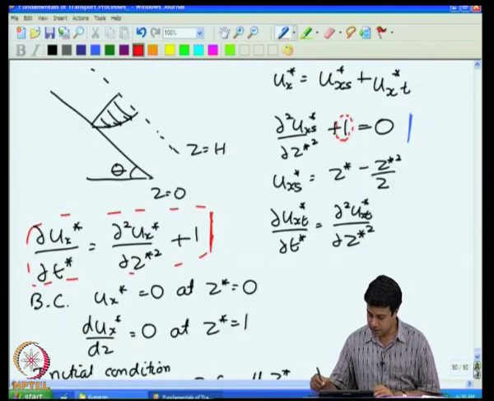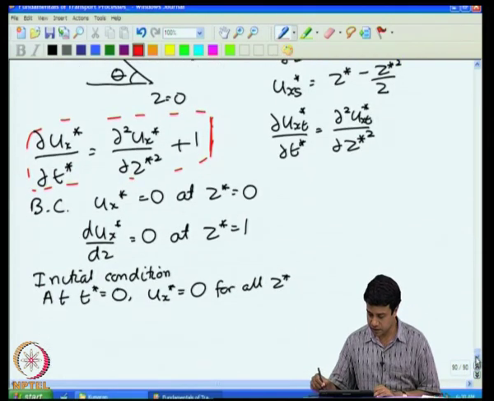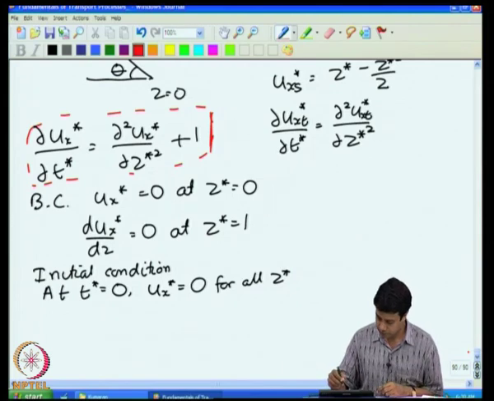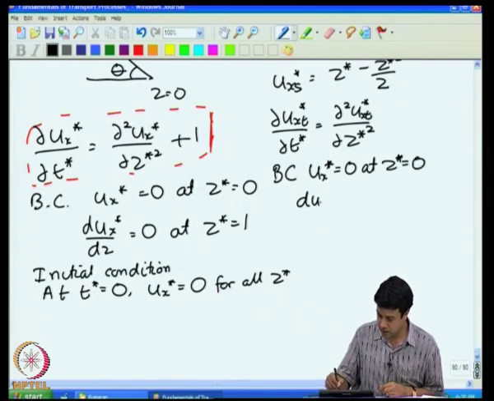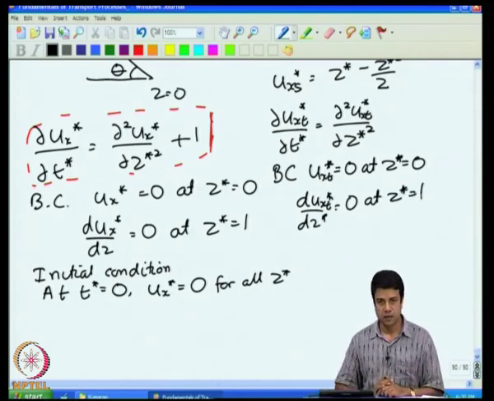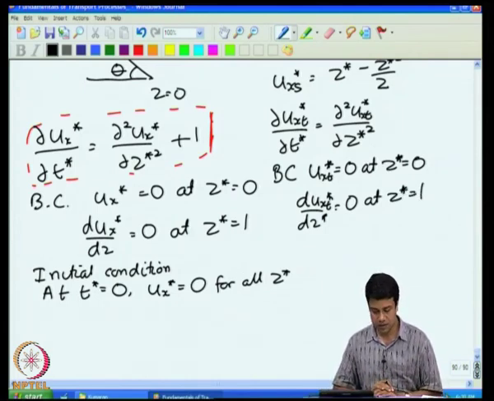That means that the equation for the transient part will also have boundary conditions on ux and dux by dz. Okay. So, it has the same boundary conditions as the steady part and the total velocity profile.